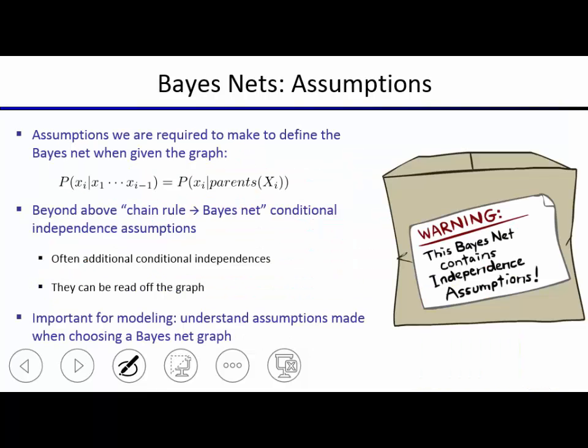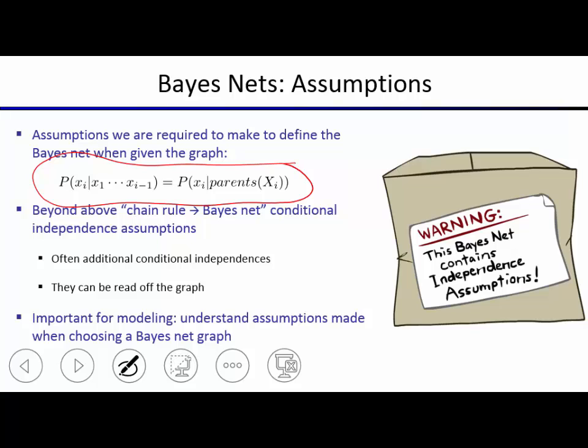Okay, so now what assumptions are we making when we define a Bayes net distribution? When we specify the Bayes net, this thing here is the main thing we're assuming. For each node, we assume it is independent of its predecessors minus its parents, given its parents.